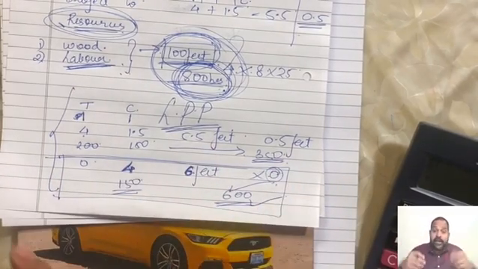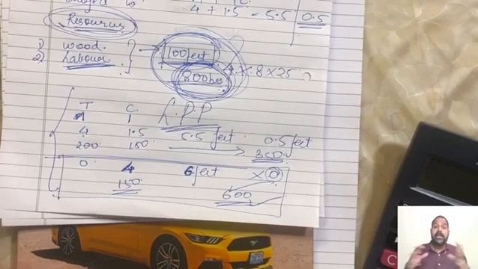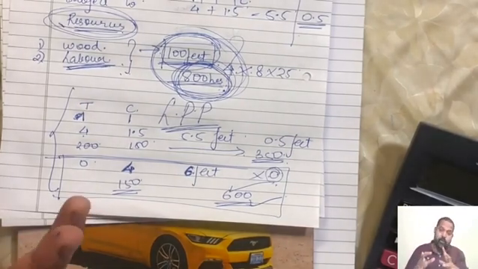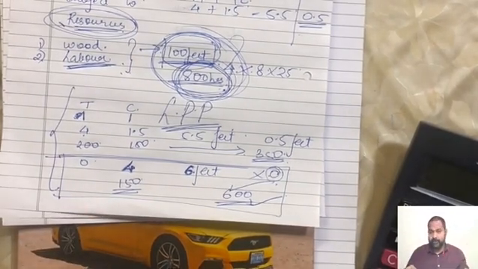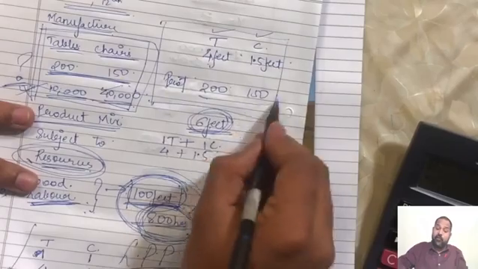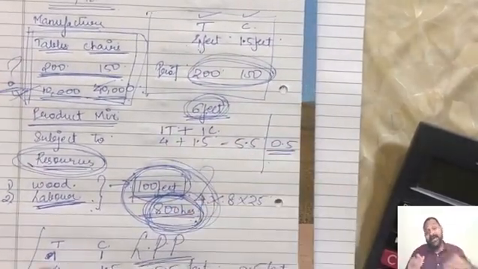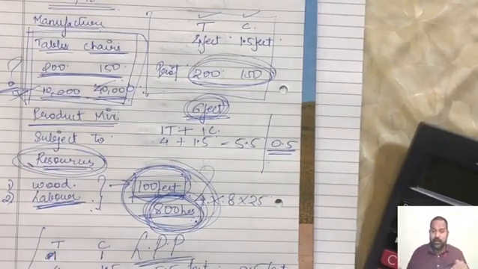So what will a linear programming problem give you? In a linear programming problem, they will tell you what you are producing. So if I am producing tables and chairs, then they will give you the profit of that production. Profit, the higher the better.